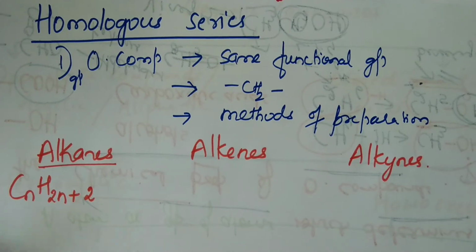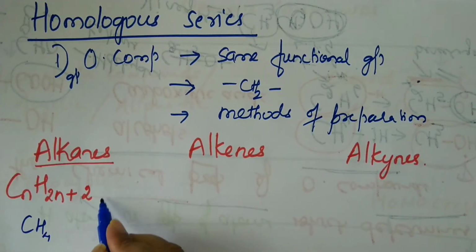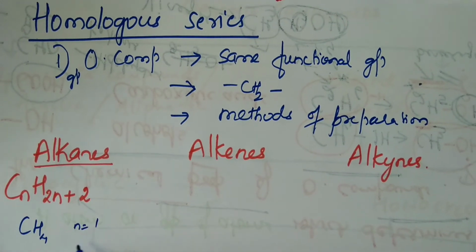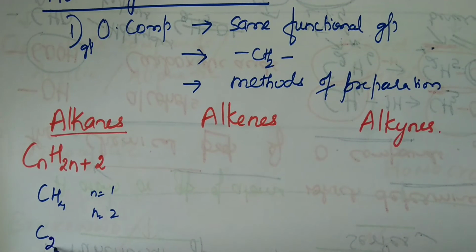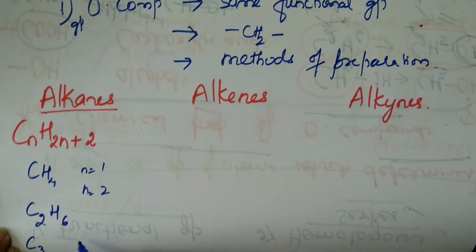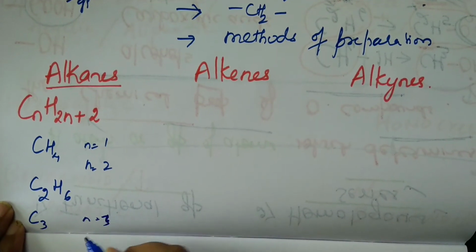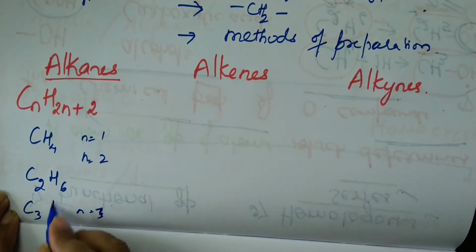When n is equal to 1, we get CH4. When n is equal to 2, we get C2, 2 2s are 4 plus 2, 6, so C2H6. When n is equal to 3, what do we get? 3 2s are 6, 7, 8.